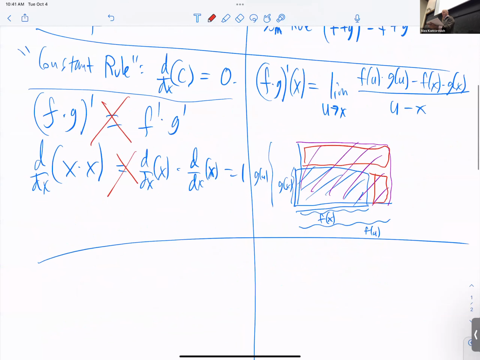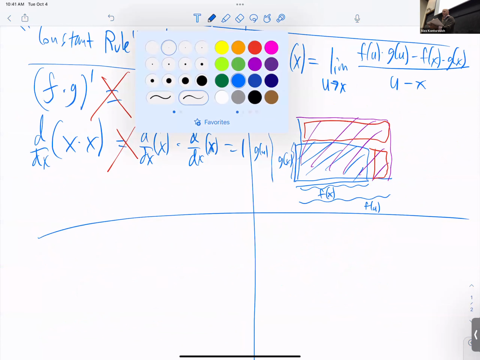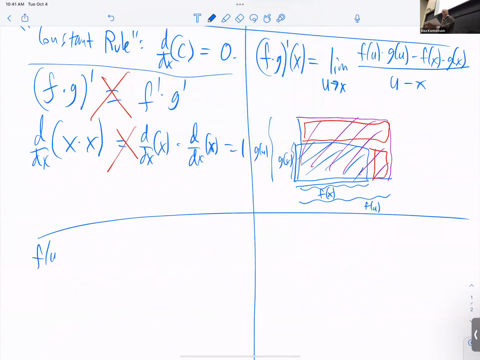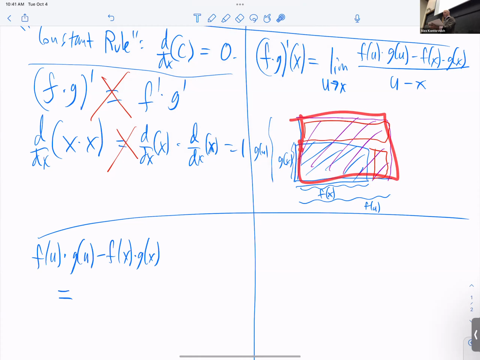So all I'm doing is writing down a completely general identity, which is that f of u times g of u minus f of x times g of x is equal to, so this big area minus this smaller area is equal to, what is this area? The dimension here is f of u minus f of x. You see that? That's this dimension. And what is this dimension?